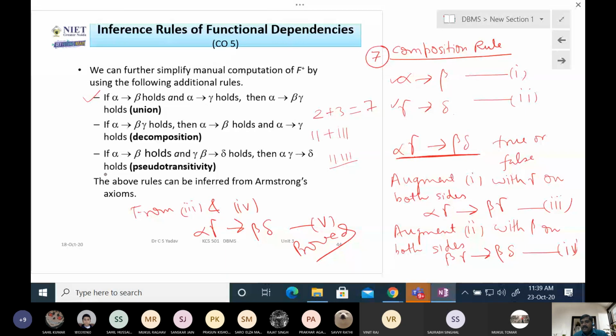We can find out the derived FDs, and if we combine both F and F dash, then we will get closure of an FD set. That's all about the functional dependency.